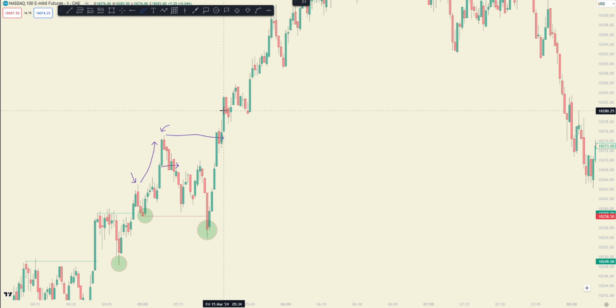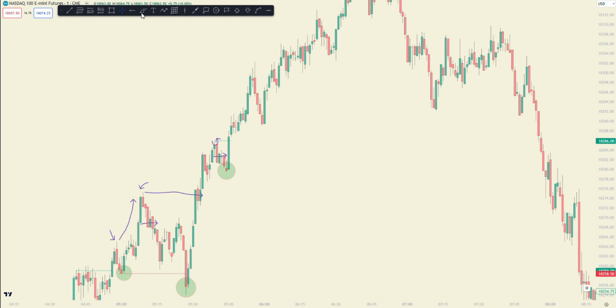Again, we don't have a valid high here until when? This point here, because we closed below, making what? This our new valid high. This becomes our new protected low when we close above here. And we'll do one more just for example's sake. We have a closure below the bullish candle, making this a valid high.